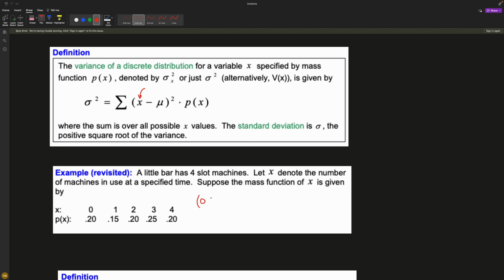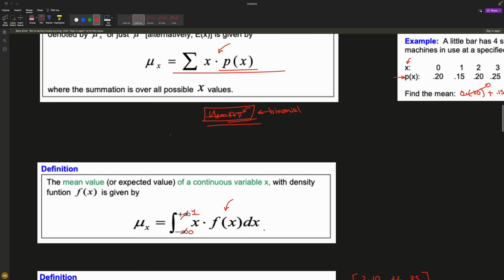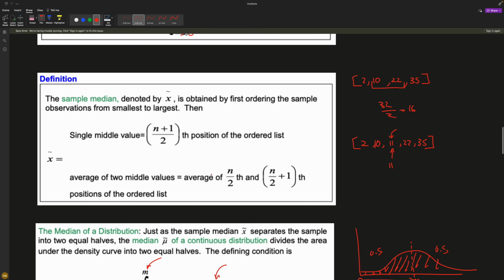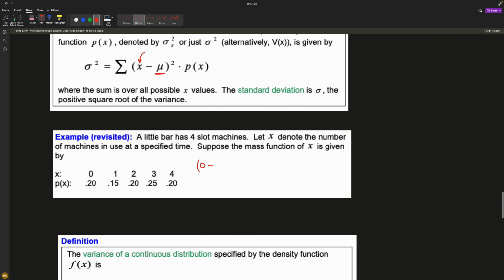So what you'll do is x minus mu. Now you'll think, how do I get mu? If I scroll up, there is my mu for a discrete: x times p of x, plus x times p of x, plus x times p of x, and so on. So first let's find our mu.